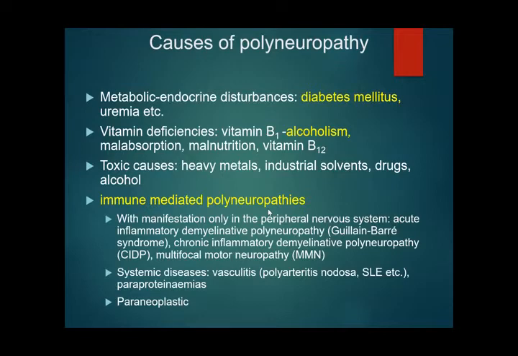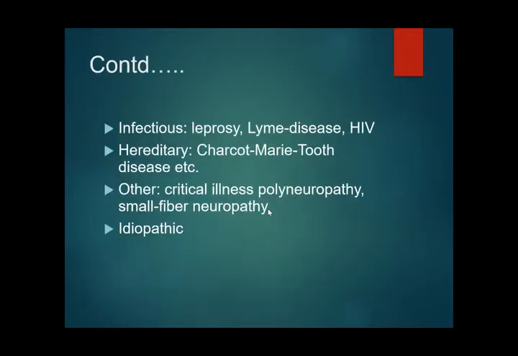Then we have infectious causes like leprosy, and leprosy usually presents with mononeuritis multiplex. Lyme disease usually with polyradiculopathy. HIV can present as either a polyneuropathy, sensory or sensorimotor, both are possible. Then we have hereditary Charcot-Marie-Tooth disease. Then we have others like critical illness polyneuropathy.